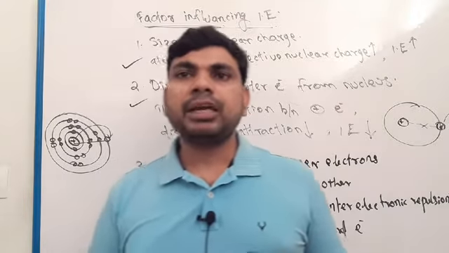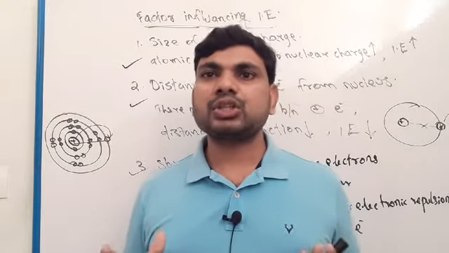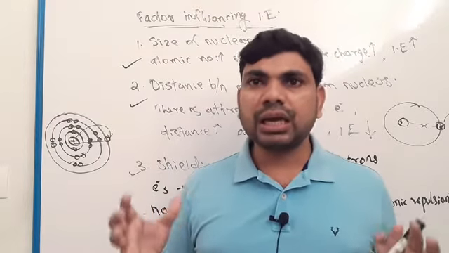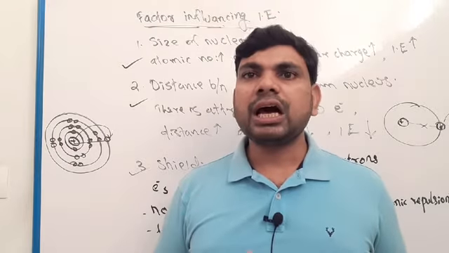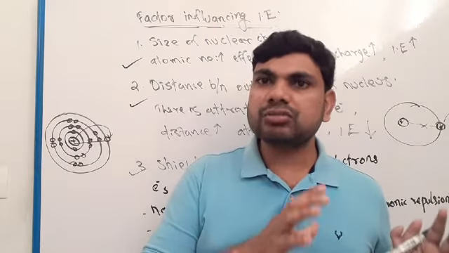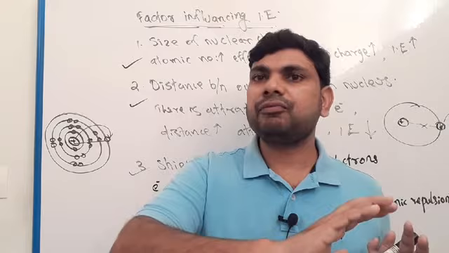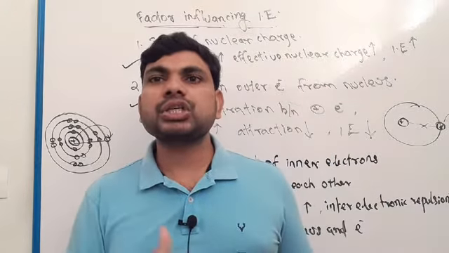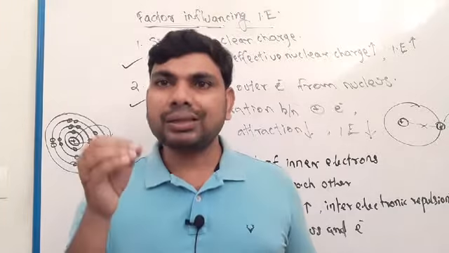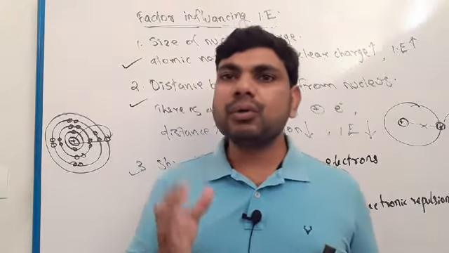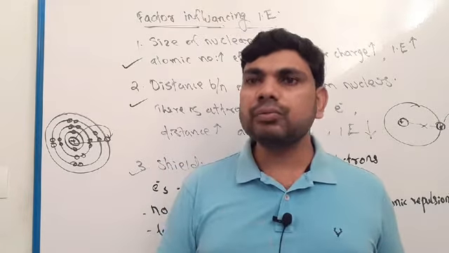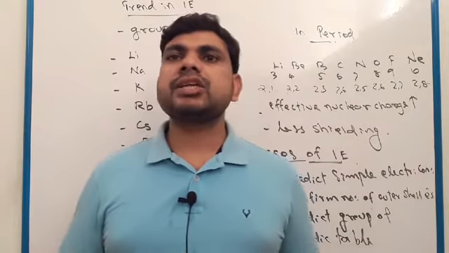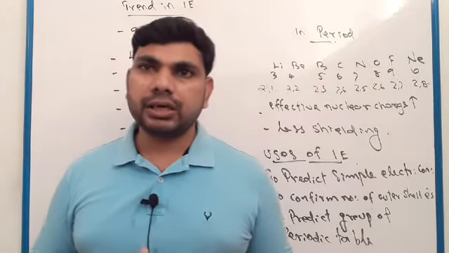As the number of inner shell electrons increases, electron repulsion increases and the outer shell electron tries to stay maximally away from the nucleus. The attraction between the nucleus and the outer shell electron decreases, and the amount of energy required to remove this electron decreases. Next, we have to discuss the trend in ionization energy.